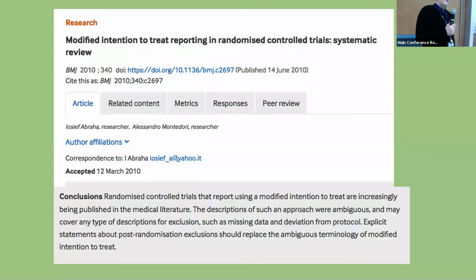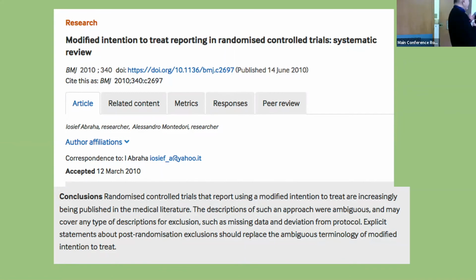You know, intention to treat is you randomize people to one intervention versus placebo, and no matter what happens, they have to be analyzed in the same group as you assign them. If they are assigned to the surgical intervention and they don't get surgery, they still are analyzed in the surgical intervention group. And if they're in the placebo group and they accidentally get the treatment, you still analyze them in the placebo group.